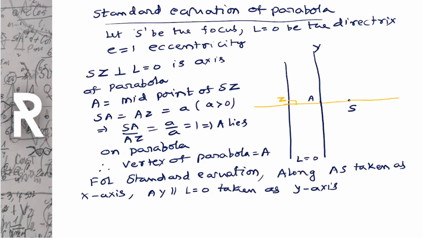Now the point of intersection of the x-axis and y-axis is the vertex. Immediately here, a units on the right side, the coordinates of S are (a, 0). Z is (minus a, 0) because the same distance on the left side.